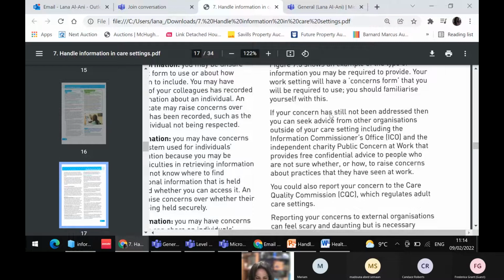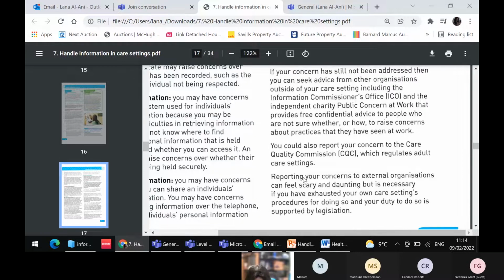If your concern still has not been addressed, then you can seek advice from other organizations outside of your care setting, including the Information Commissioner's Office, ICO, and the independent charity Public Concern at Work that provides free confidential advice to people who are not sure whether or how to raise concerns about practices in their own area.